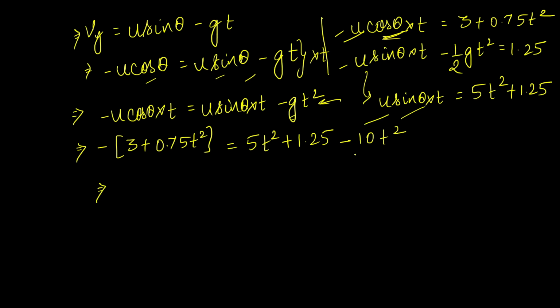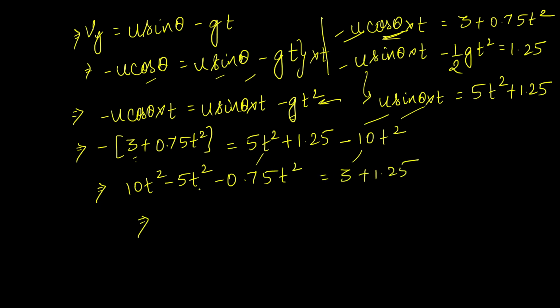Just take these values over here, like t square over to the left side and 3 to the right side, then that will be 10t square minus 5t square minus 0.75 t square, that is equal to 3 plus 1.25. So this is 5 minus 0.75, that is 4.25 t square, that is equal to 4.25.